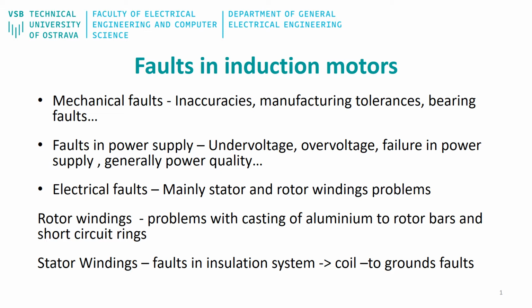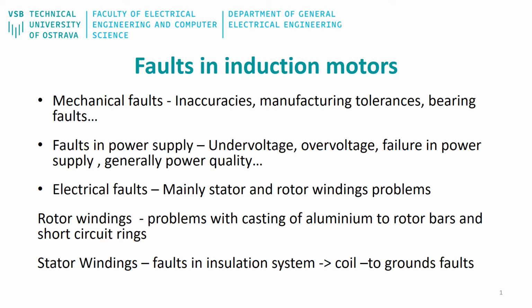The third group are electrical faults. When we generalize the description again, the main group are stator and rotor winding problems. For our development, we are considering a squirrel cage rotor, hence the problems with the casting of aluminum into rotor bars and into short circuit rings.